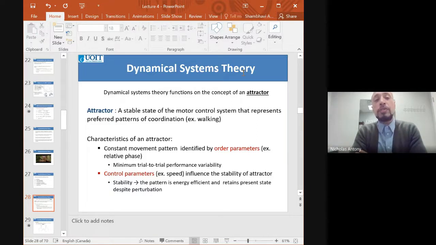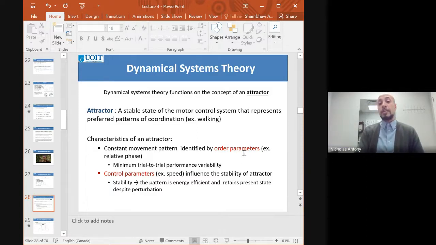In dynamical systems theory, they described a stable state of motion, as you would see in a motor skill, as an attractor state. And it was defined by order parameters instead of invariant features. Order parameters are invariant features, but order parameters is the term for dynamical systems theory, whereas invariant features was for motor program-based theory.